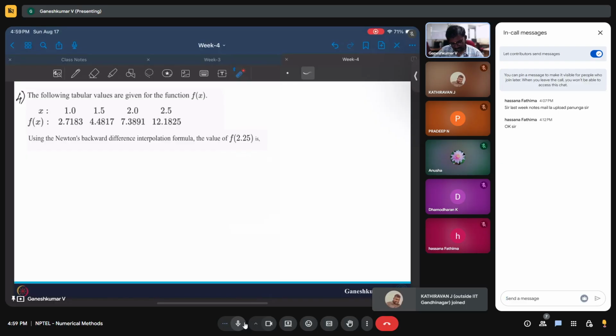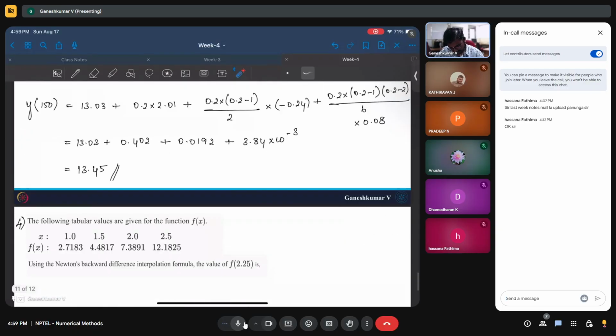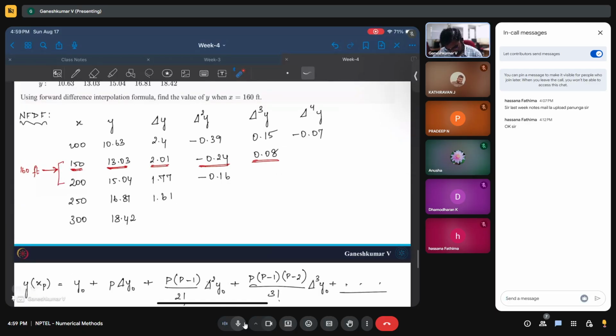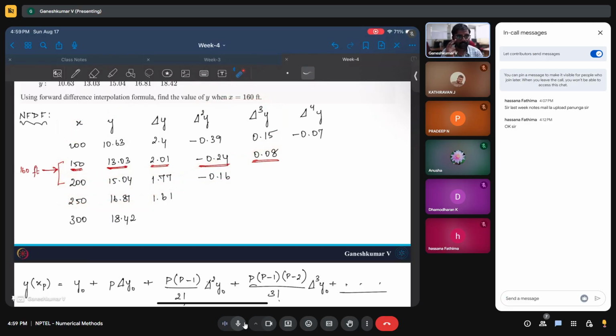So let's say if you use forward difference for this case, what you will be left with is, here you have 4 values, right? You will have this as your table, and the fourth value will have only y, delta y and delta square y. So you have only 3 variables to deal with.